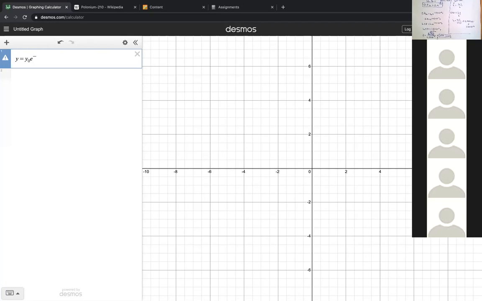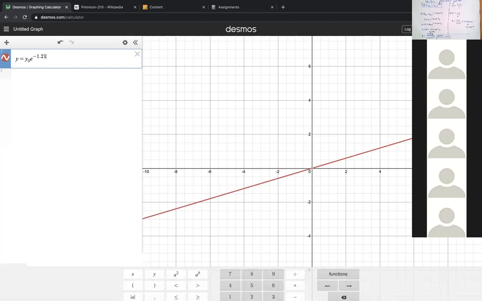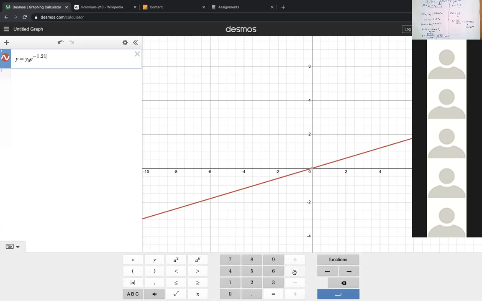We're going to put in the formula with our decay rate K. And that's still misbehaving. Let's see if this does it. No. That should help. Yes.